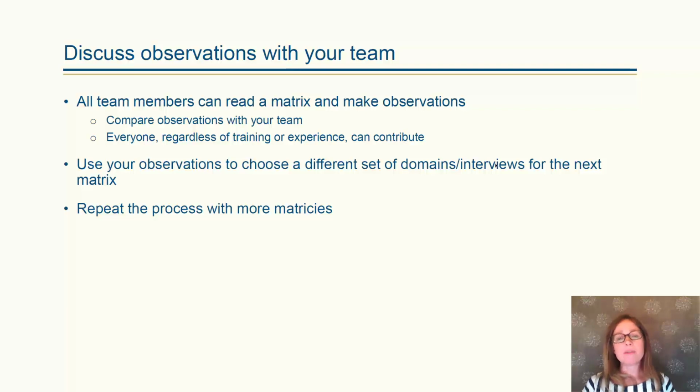Even people who have never worked with qualitative data before can read a matrix in the down and then the cross and then the zigzag, and can just tell you what they're noticing. Use those observations to choose a different set of domains or interviews for your next matrix, and then just keep repeating that process with more matrices.